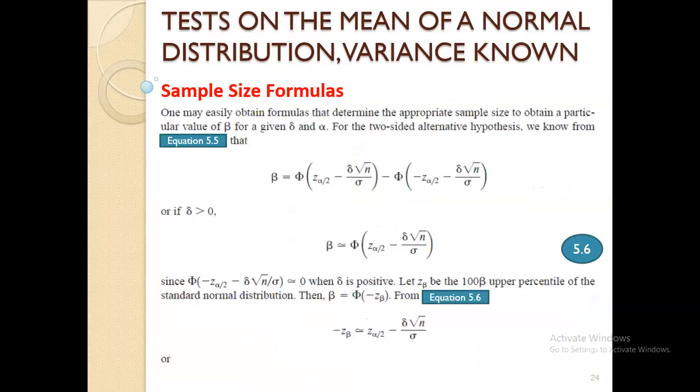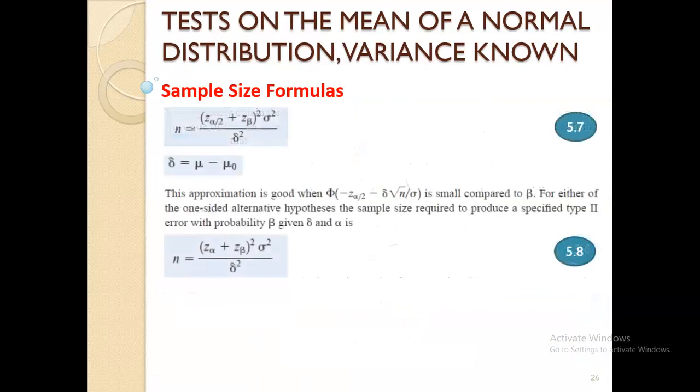In this case, this is how to calculate beta. If you know beta, you can calculate n. For the sample size, you can estimate the number of samples like this. This is for the two-sided test, and the bottom one is the one-sided test. They look the same, except for the term of alpha.